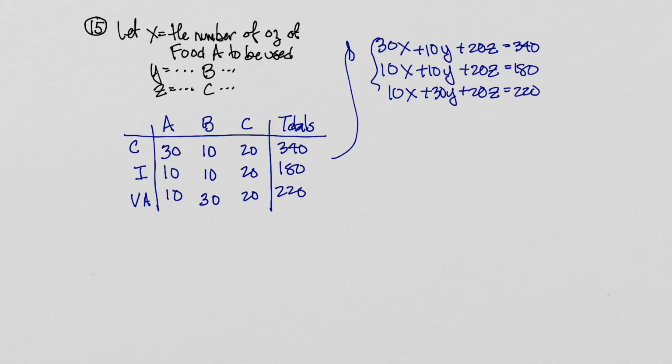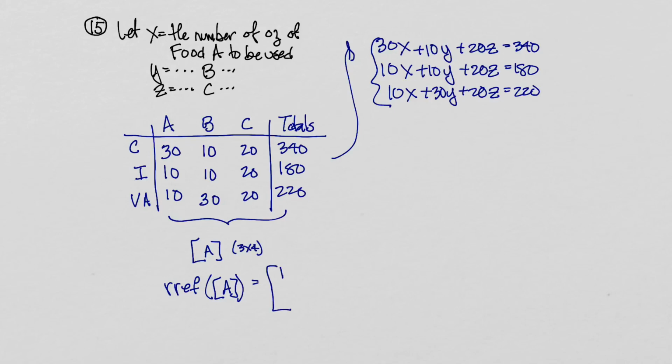And there's our system. So we put that into matrix A. It's a 3 by 4, so put that into a matrix A, and then we'll run an RREF on matrix A. That is going to give us our diagonals here, 1, 0, 0, 0, 1, 0, 0, 0, 1, our vertical line.